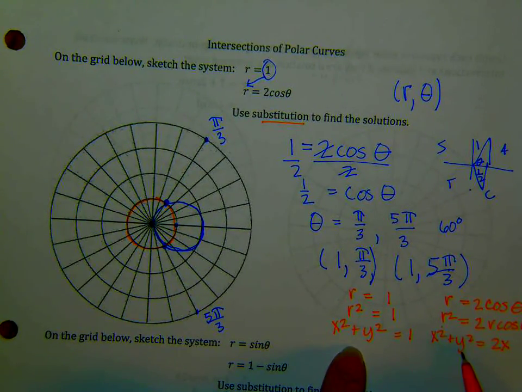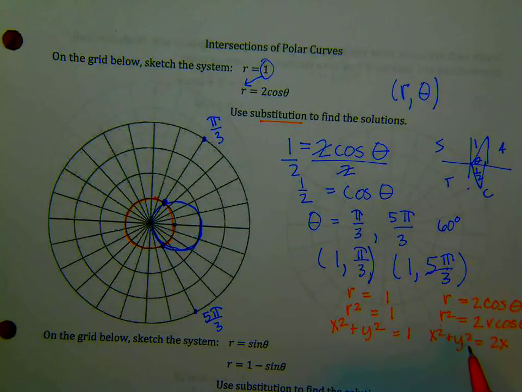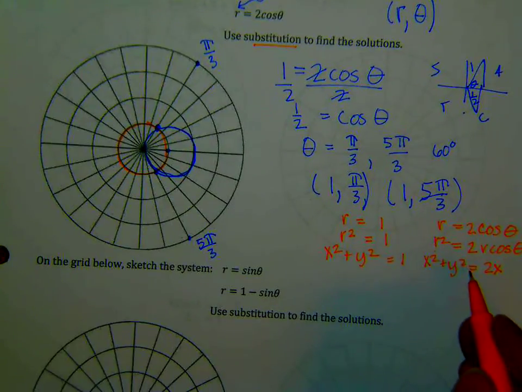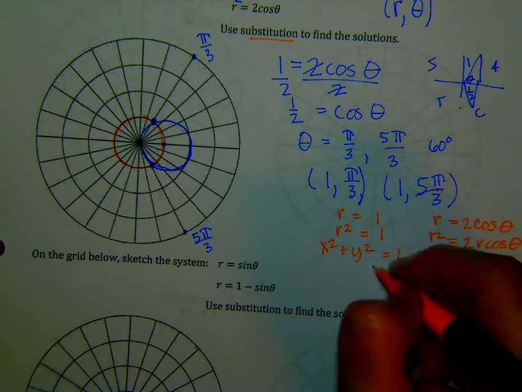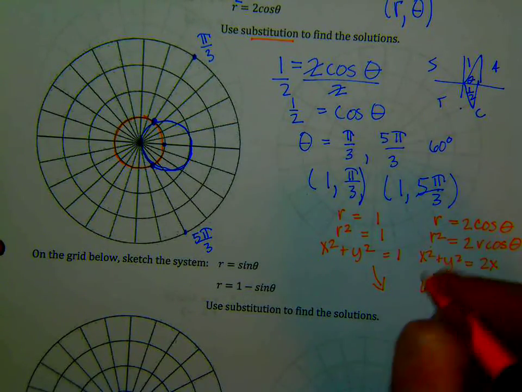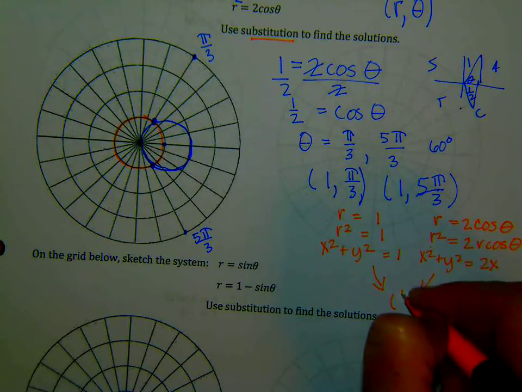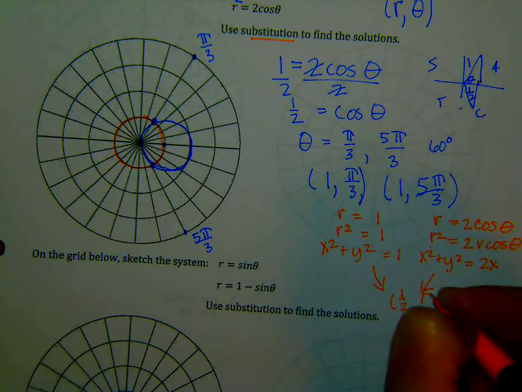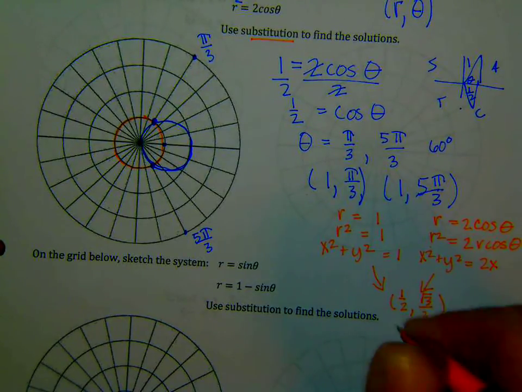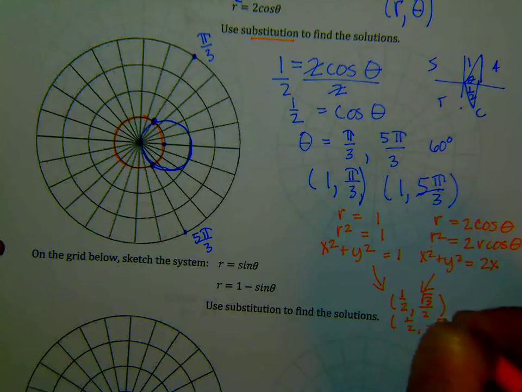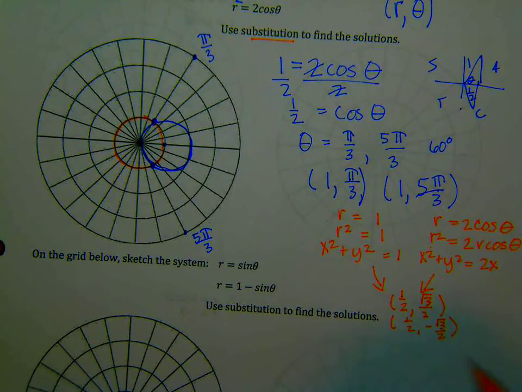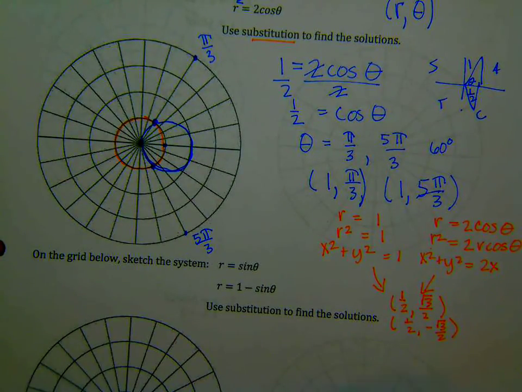I'm not going to do that here, but they intersect at (1/2, radical 3 over 2) and (1/2, negative radical 3 over 2), which is exactly where you would expect, because those are the points on the unit circle where they would intersect. You can do that because you can convert from polar to rectangular.